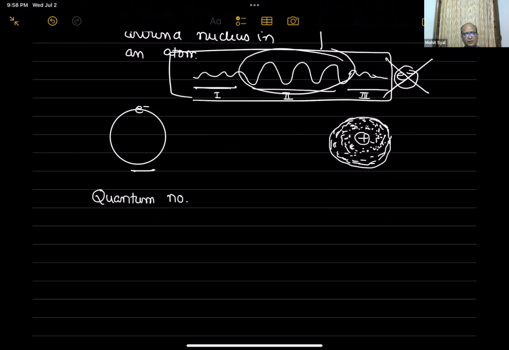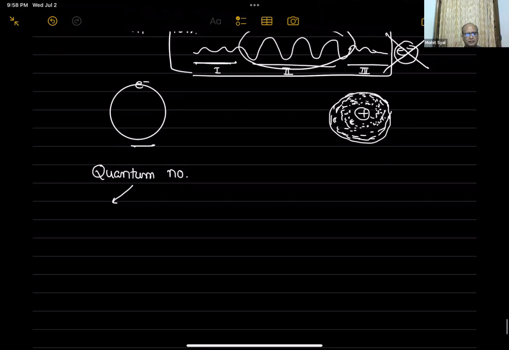When you get the actual functions, to plot them you need to put in the values of certain numbers, and those numbers will describe the orbitals.